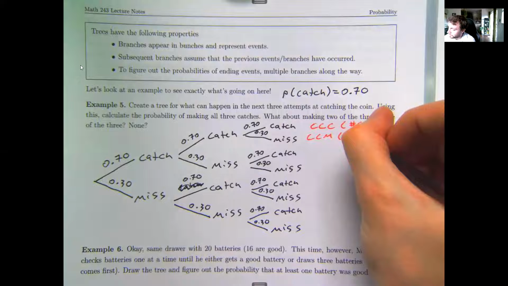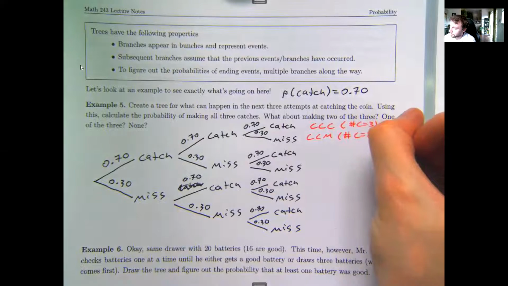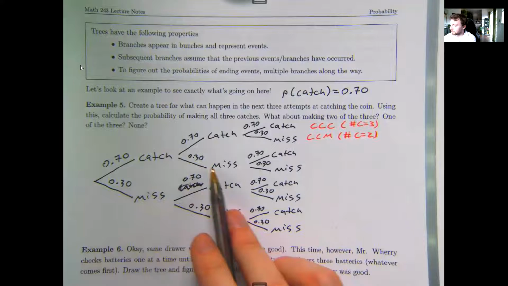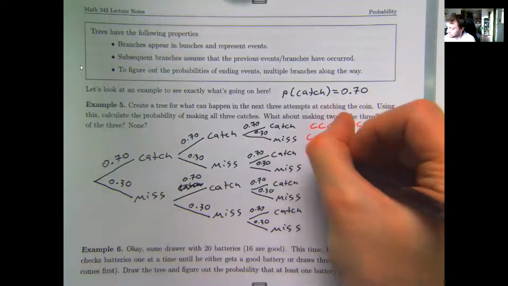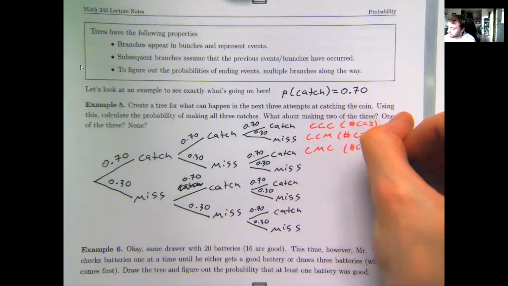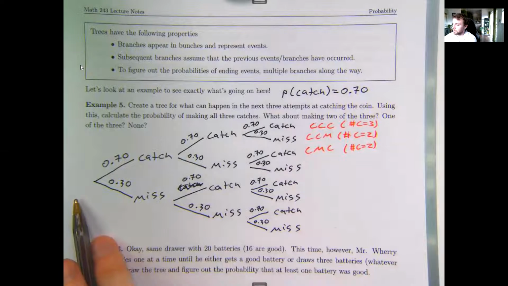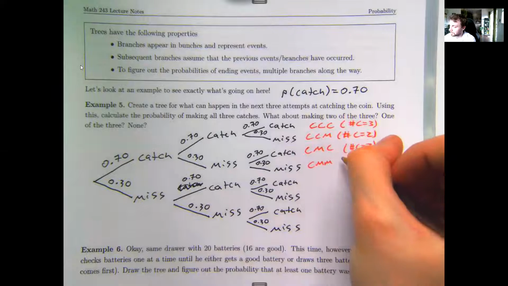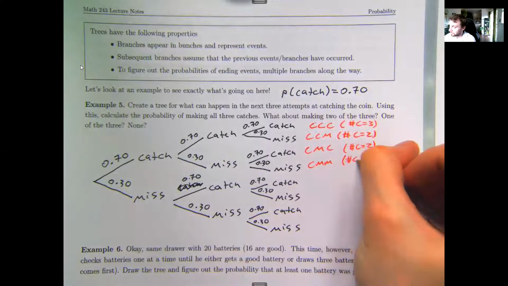The number of times that I catch here is 2. Catch, miss, and catch. The number of times that got caught there is 2. Catch, miss, and miss. The number of catches here is 1.